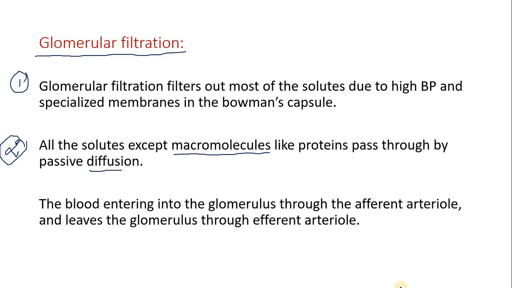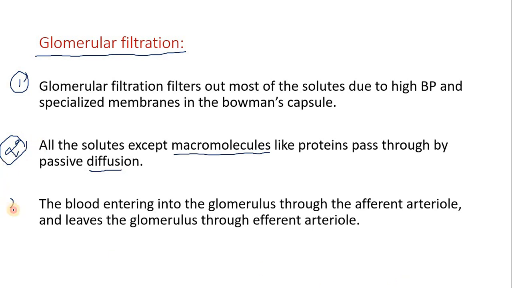If someone is asking you which type of transportation occurs in the glomerular filtration, the answer is passive transport or passive diffusion. Here there is a concentration gradient, and it occurs from higher concentration to lower concentration. So there is no requirement of energy.